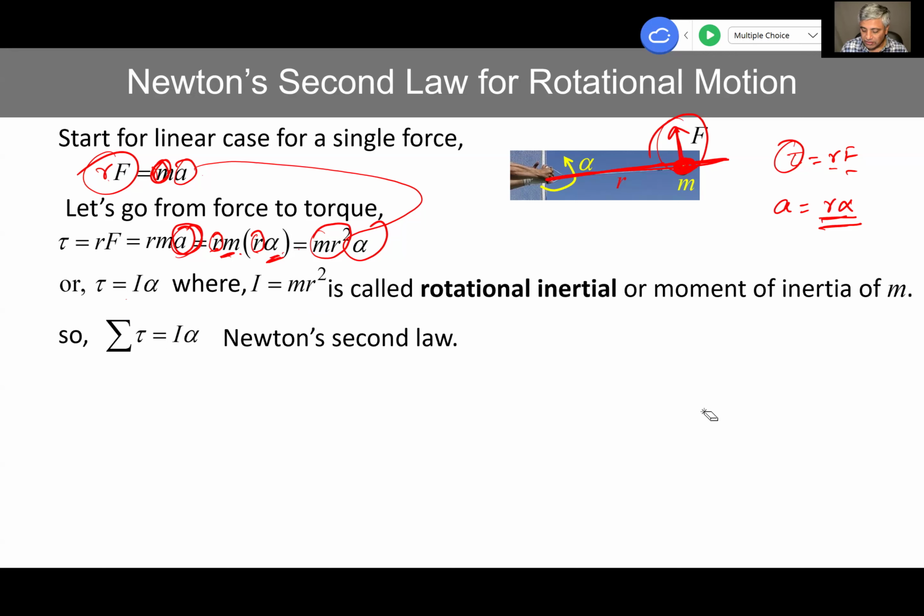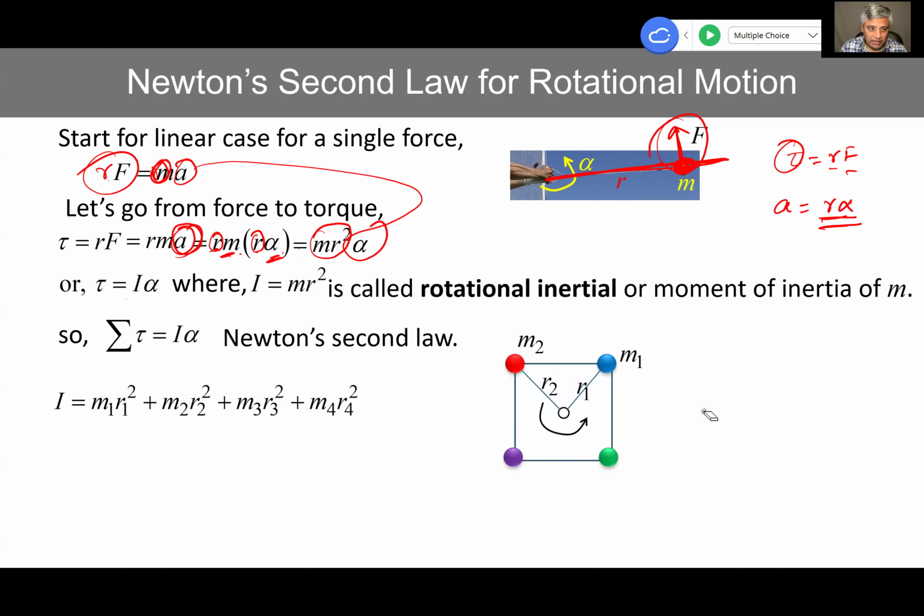So for that, let's look at a slightly more complicated, but still a bit simple idea. There is this thing that's rotating about this point. So the axis is here, okay? So the axis is passing through that point. So something like this, let's say I have this object here, and if I spin it like this, I can say it is rotating about this axis here, the line passing through this, okay? So similar idea here.